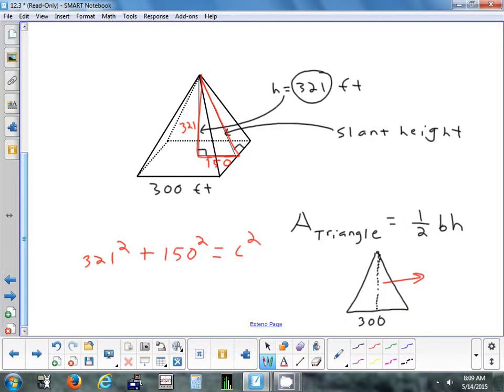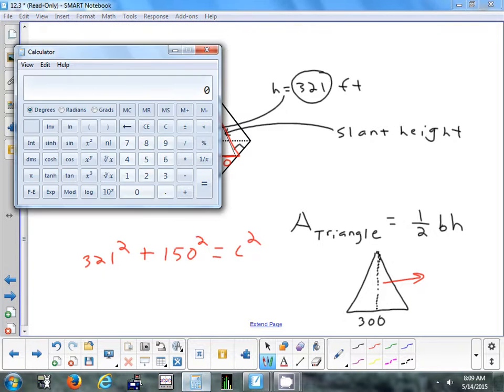All right, so we've got to do that out. 321 squared plus 150 squared, and then take the square root. So the slant height is about 354.3.